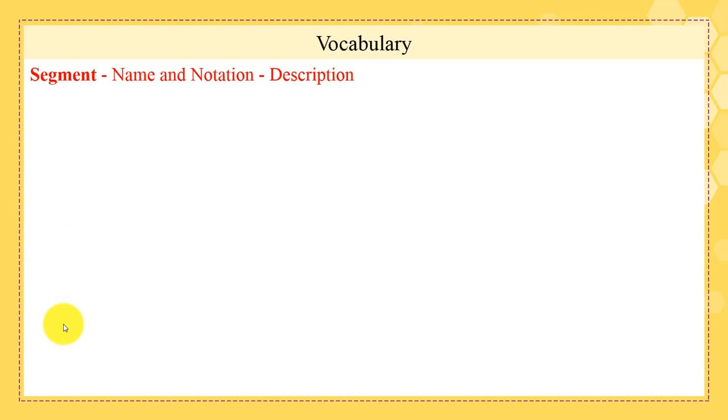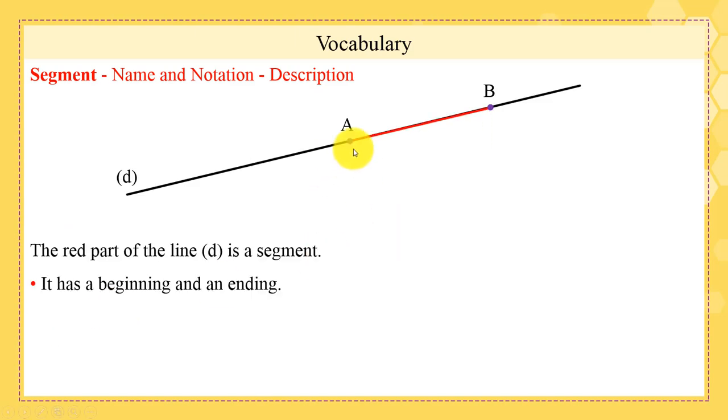What is a segment? A segment is the red part of line D. So a segment is a part of a straight line. It has a beginning and an ending, two boundaries, two extremities. Its notation is segment AB.